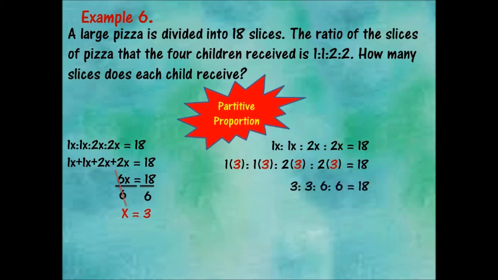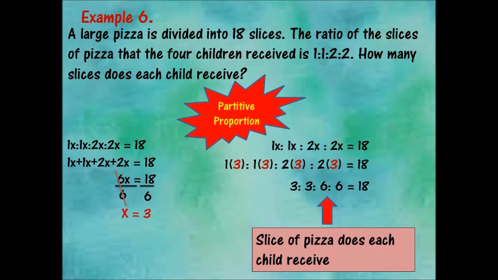So, 1 times 3 is 3, 2 times 3 is 6, and 2 times 3 is 6, and that is 18. Pag nilagay natin siya doon sa addition, so that is 18. Therefore, yan yung slices ng pizza na na-receive ng bawat bata.